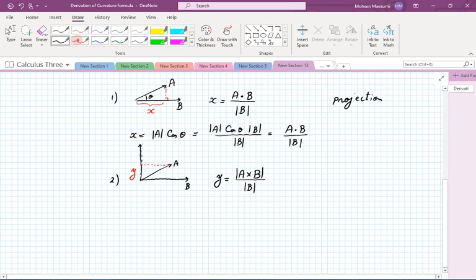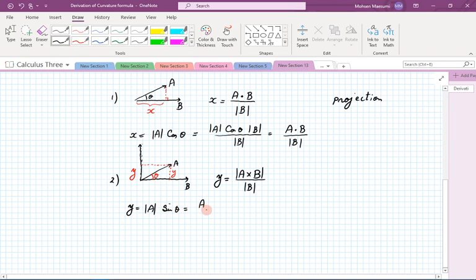Again, why so? Quickly, let's do some basic trigonometry. Again, this is my angle theta. Y is opposite to this angle, so Y is going to be the length of A times sine of theta. What do you think I'm going to do now? Just the same thing I did over there.